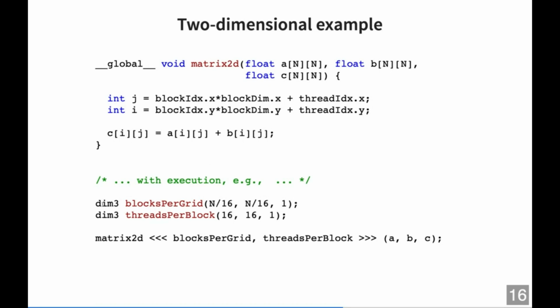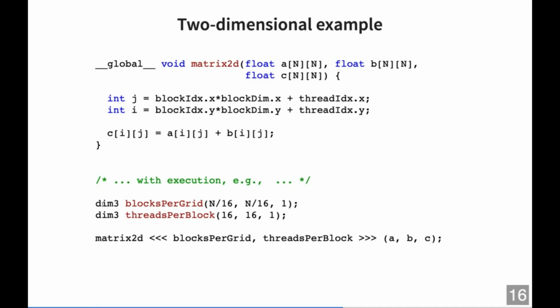So at the execution side on the host, we need to declare two of these variables. These are just variables which we declare. We can have any old name we want, really. So I've here declared threads per block to be 16 by 16 by 1 in 3 dimensions.